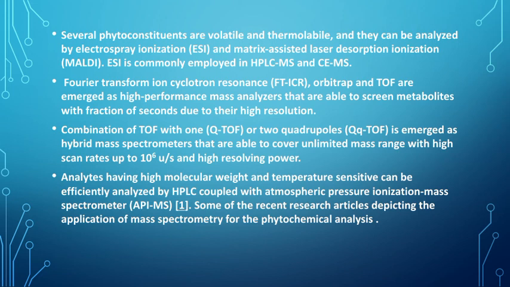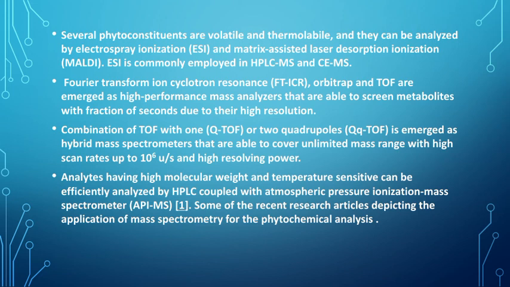Combination of TOF with one quadrupole, quadrupole time of flight, or two quadrupoles has emerged as hybrid mass spectrometers. They are able to cover unlimited mass range with high scan rate and high resolving power.